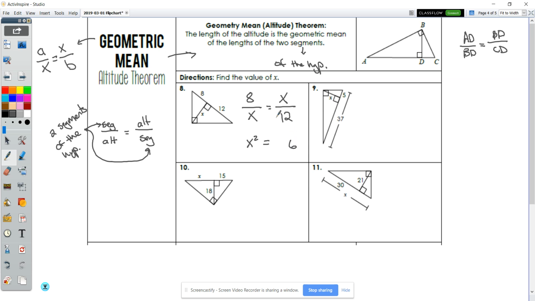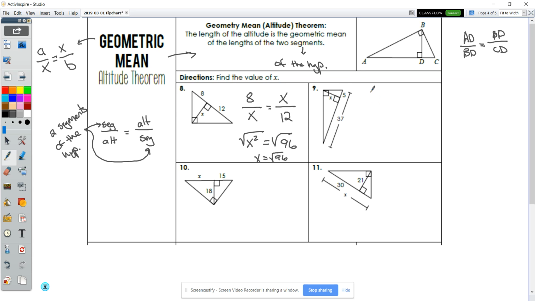That'd be 96. So x would equal the square root of 96. And since it didn't say to round, you should simplify it. I'm not going to worry about simplifying right now. That's a different lesson. But this is what you would do, and then you would have to simplify it if possible.